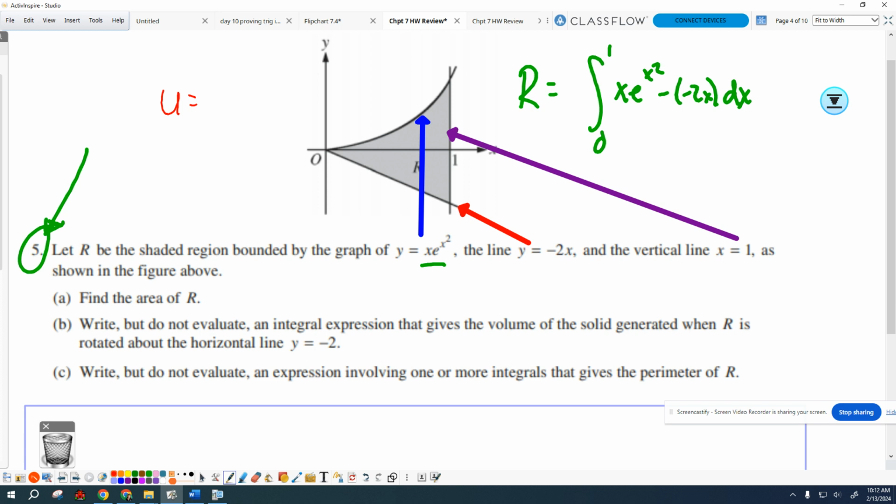What's the u value? x squared. So e to the u, 1/2 du. When x is 1, u is 1. When x is 0, u is 0. Well, that's lucky that the numbers stayed the same.